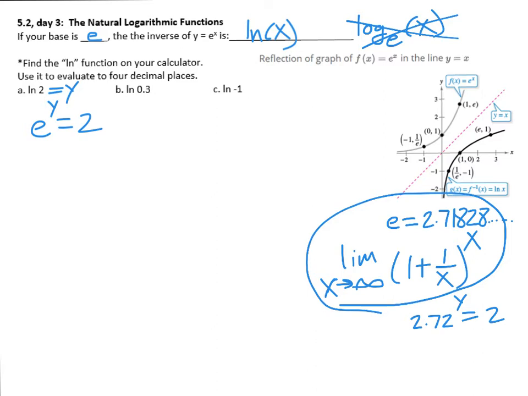But go to your calculator. Along the left side is probably where you're going to find it, whether you have a TI-84 or a TI-30. You should see an ln button, right? What you would type in is literally ln of 2, which is like 0.693, which again is addressing this question. If you took e to the 0.693 power, that's what you're going to get.